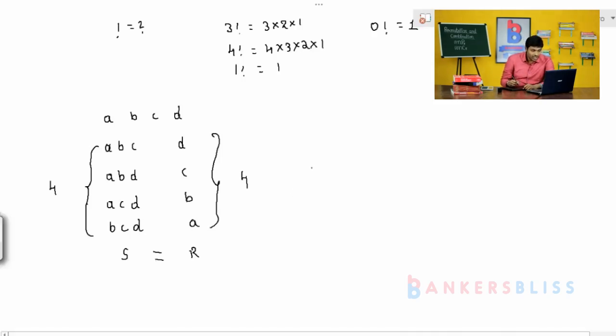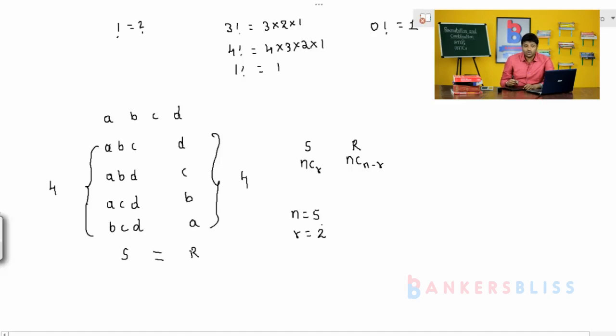Therefore, see here, nCr represents selection, then nC(n minus r) represents rejection. Consider n equal to 5 and I want to select 2.